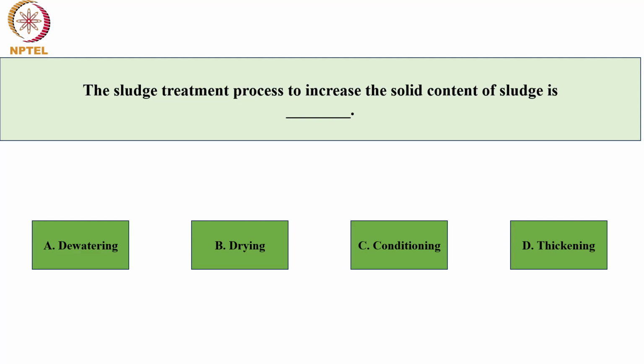The next question is on the sludge treatment process. The sludge treatment process to increase the solid content of the sludge, which means you are going to remove some water and then increase the solid content. So it is dewatering, drying, conditioning, thickening.